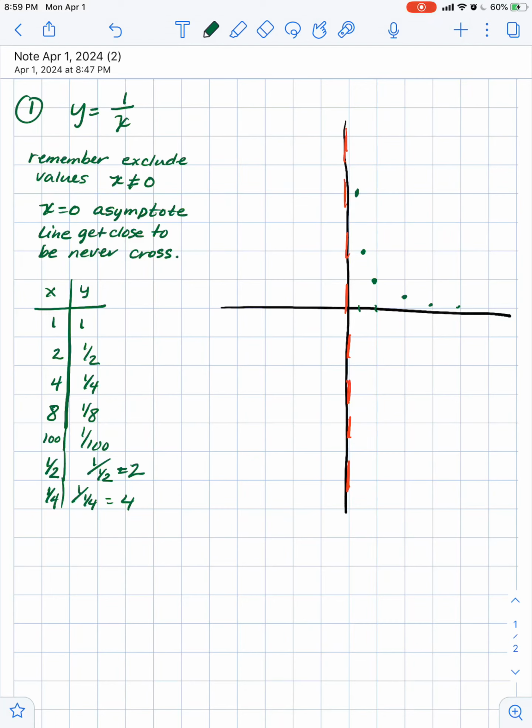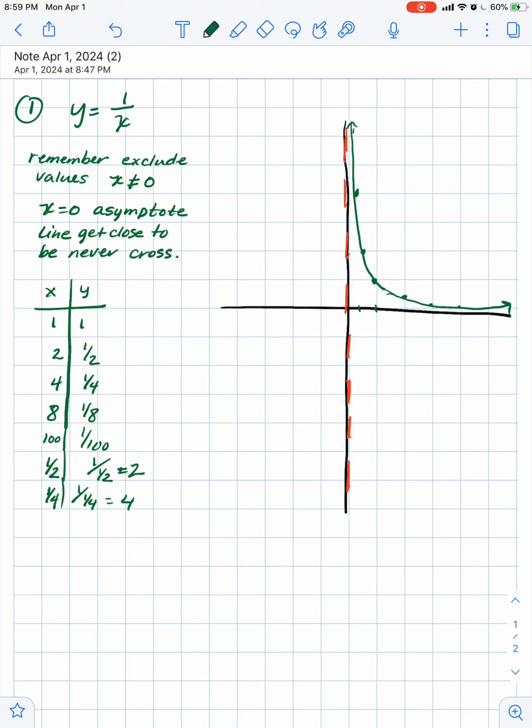So what we're really going to have here is this graph that's going to come very close to the x and the y-axis, but it's not actually going to touch. I know mine looks like it does, but it actually doesn't touch. So that's what our graph is going to look like.